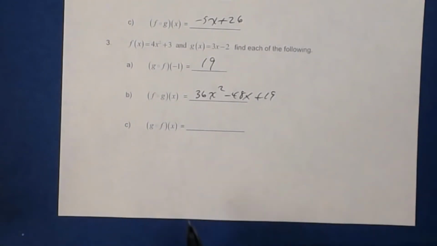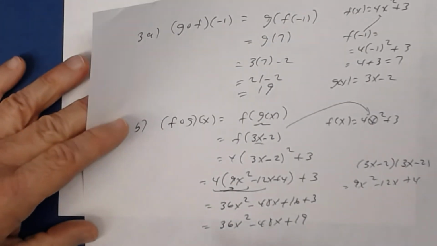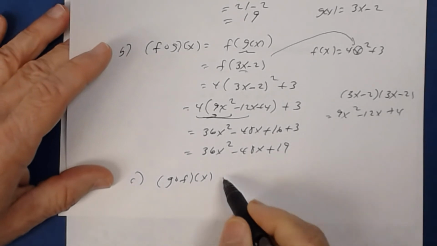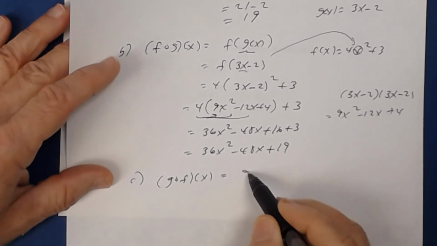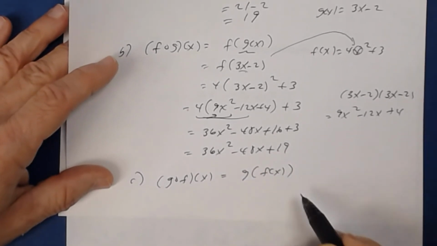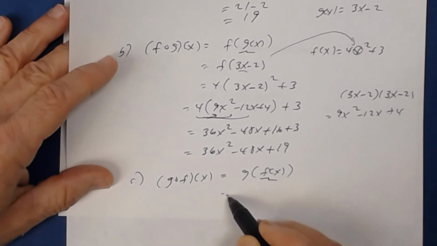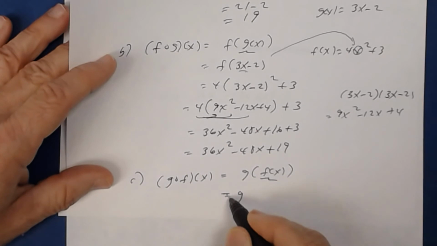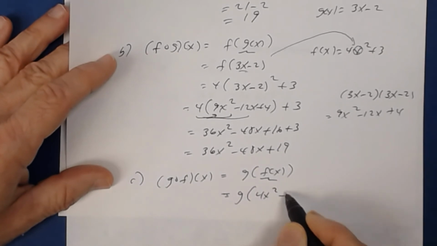All right, C, you want to find g composed with f at x this time. By definition, that's going to be g of f of x. f of x is 4x squared plus 3. So that goes here, and now I have to find g of 4x squared plus 3.